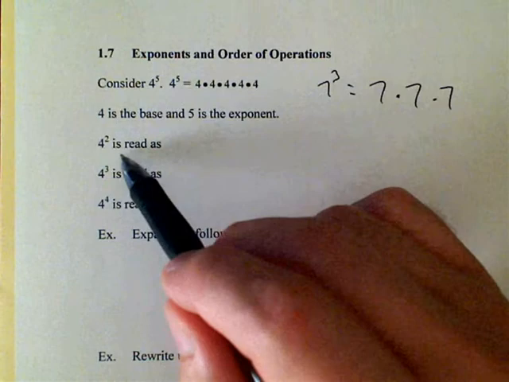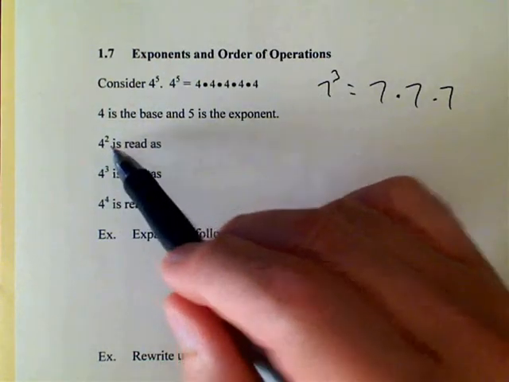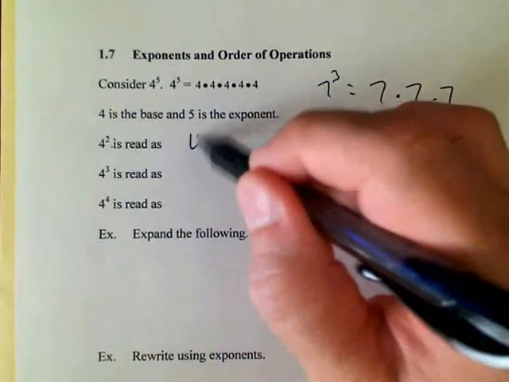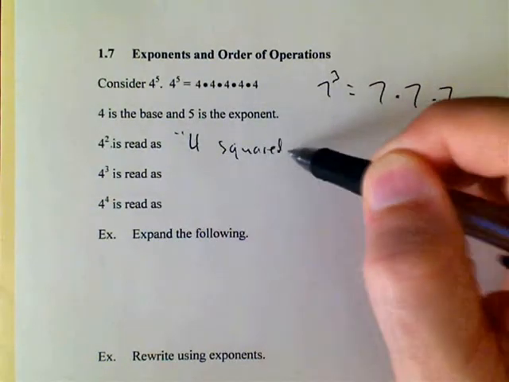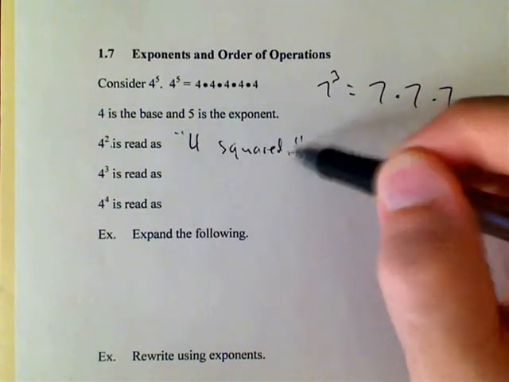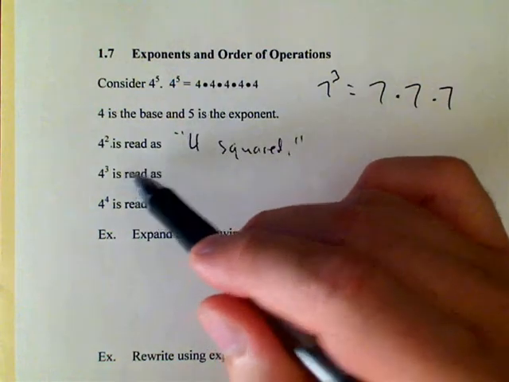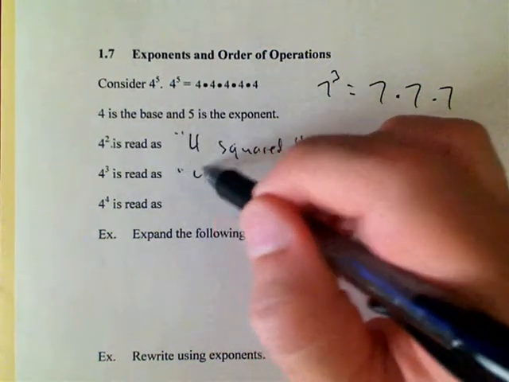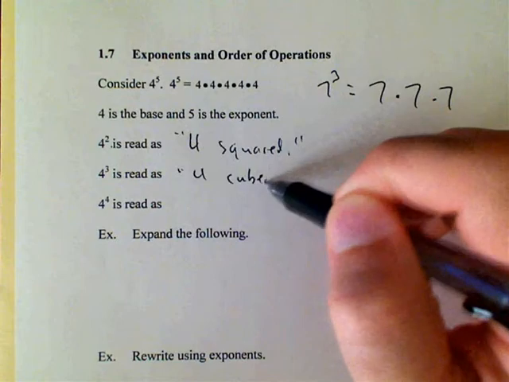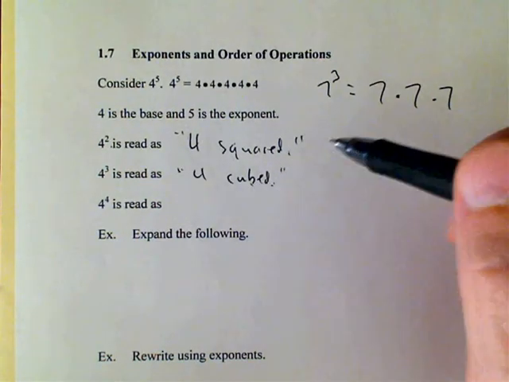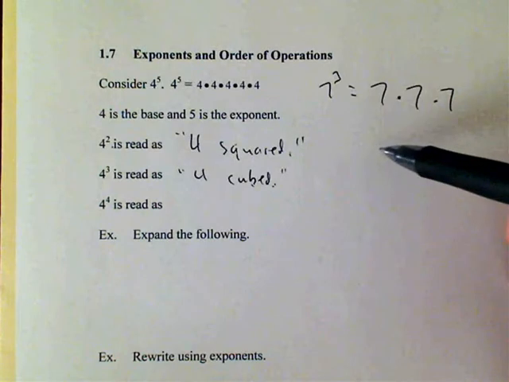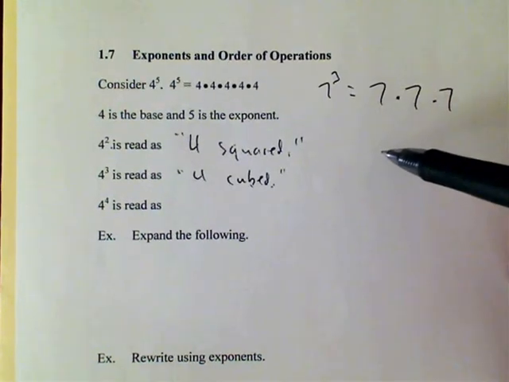Now when you see this, 4 to the 2nd power, the way that's going to be read is 4 squared. Now this 4 to the 3rd power, the way we're going to read it is 4 cubed. It's based on geometry, in case you're wondering. A square, when we find the area of a square, we multiply side times a side.